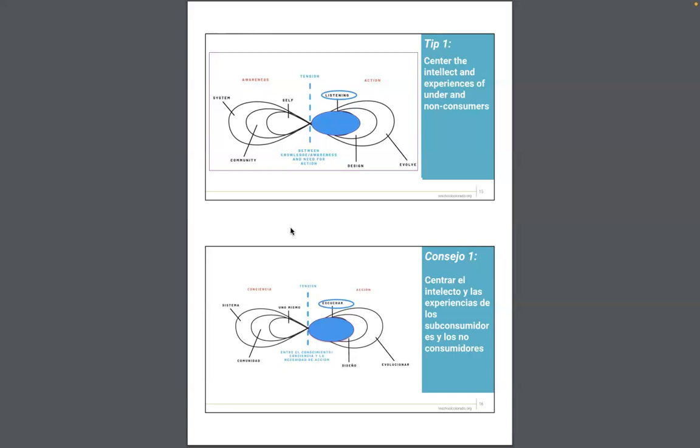And then a group that we continue to partner with today are those that are under consumers because they've been systemically marginalized. So our marginalized communities, they don't have access to all that the system offers, and that's what makes marginalized communities under consumers.